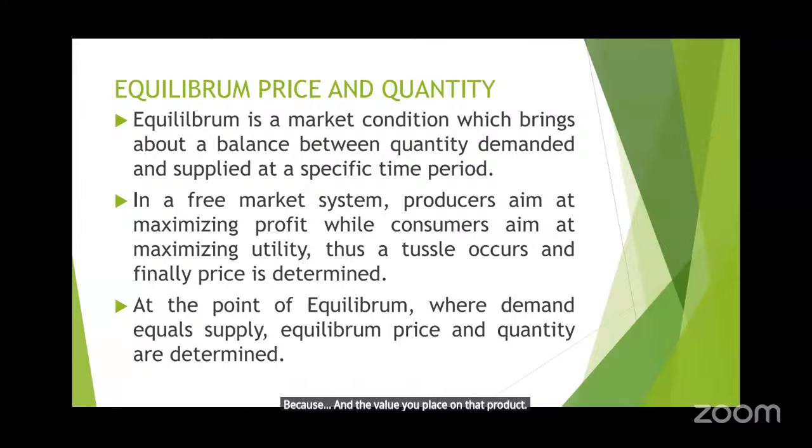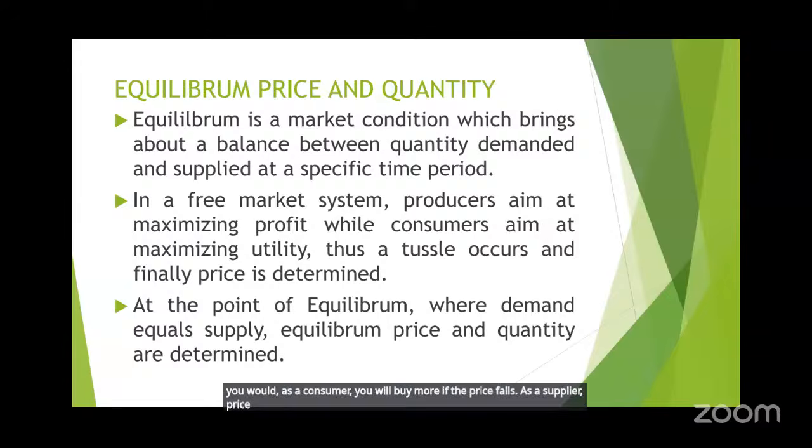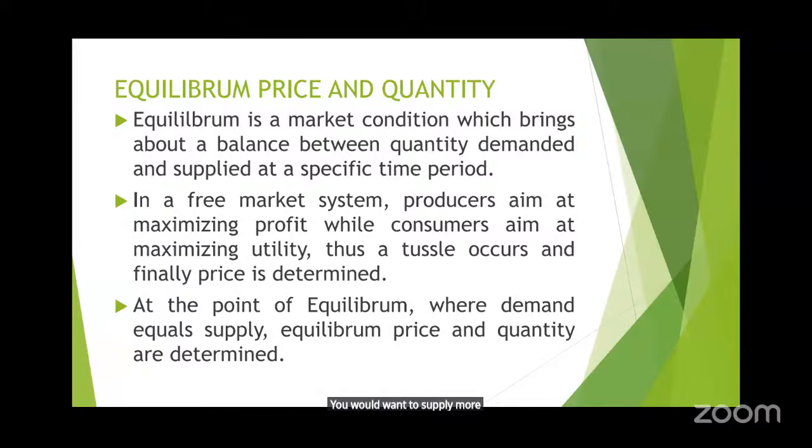As a consumer, you will buy more if the price falls. As a supplier, price also determines how much you supply. You would want to supply more as a producer if price increases. So having that in mind, how then is equilibrium attained in the market?